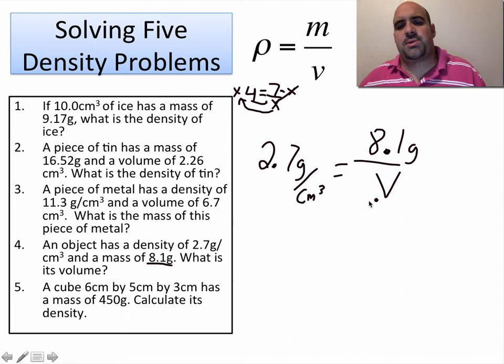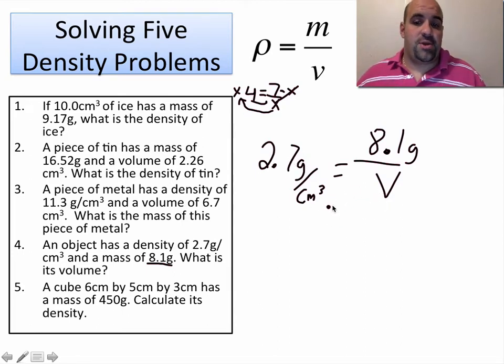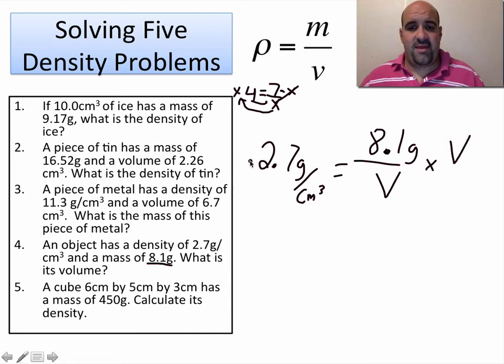So what we can do is swap places with the v and the 2.7, but I'll do that out algebraically. I'm going to multiply this side by v. If I multiply this side by v, I have to multiply this side by v. And volume cancels. Now I know 2.7 times volume equals 8.1.